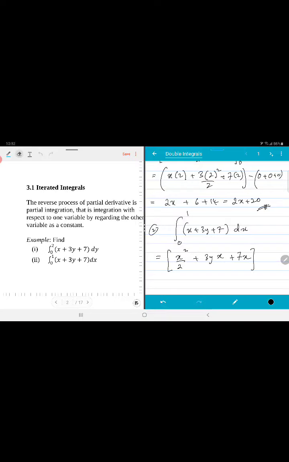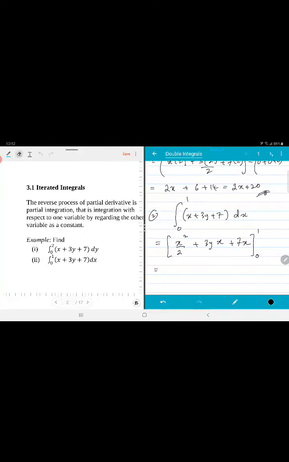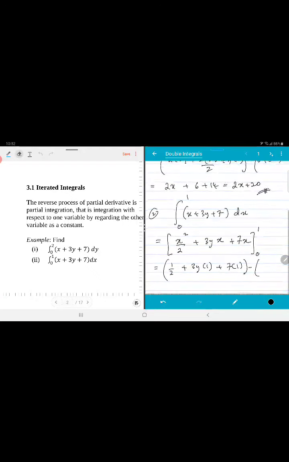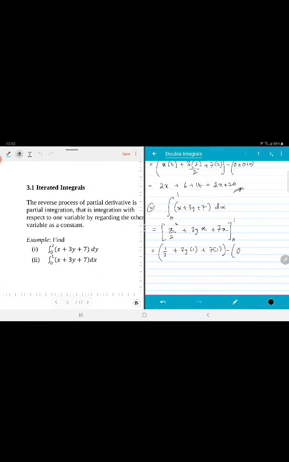And then replace x with upper and lower limits, which are 0 and 1. Remember, upper limit minus the lower limit. So replacing x with 1, we get a half plus 3y times 1 plus 7 times 1, that is the upper limit. Minus the lower limit, replacing x with 0, we get 0 plus 3y times 0, which is 0, and 7 times 0 is 0.